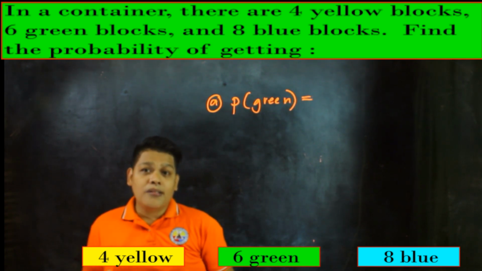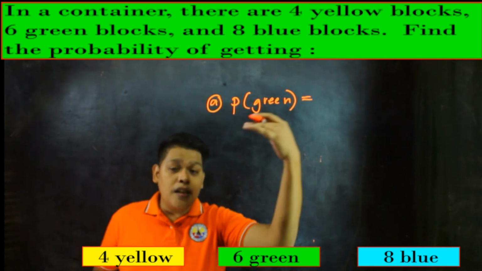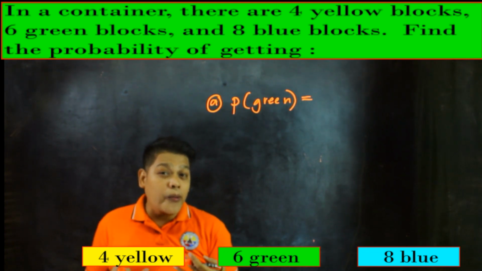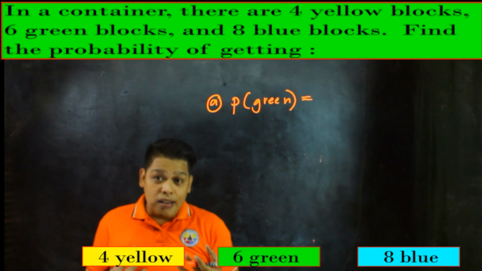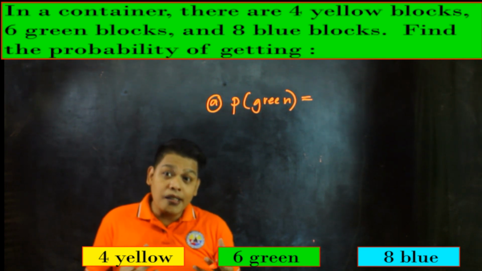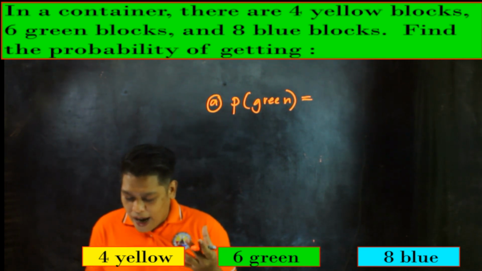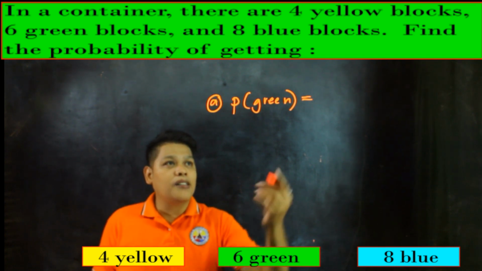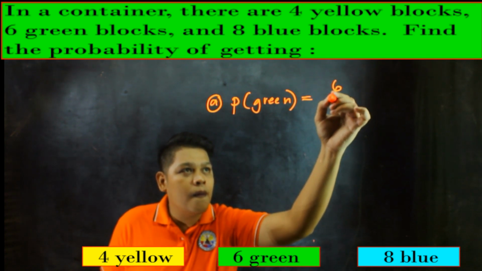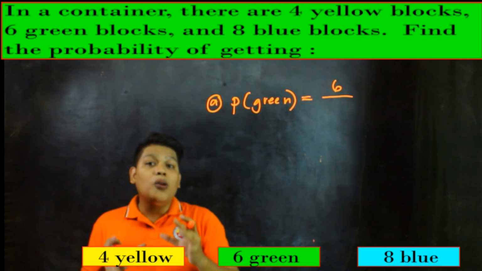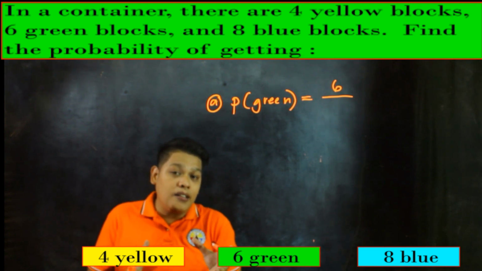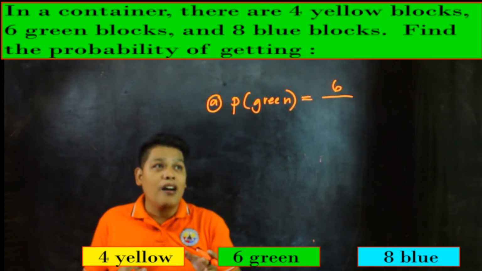In the numerator, the number of favorable outcomes. How many green blocks are there in our container? We have 6 green blocks. So 6 over the total number of blocks in the container, or our sample space.